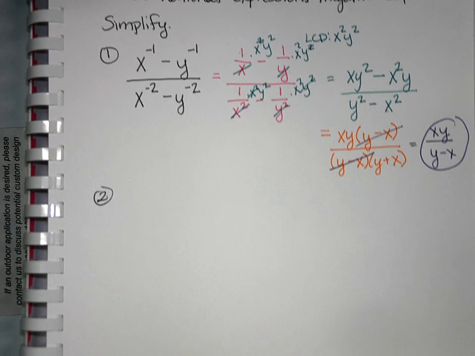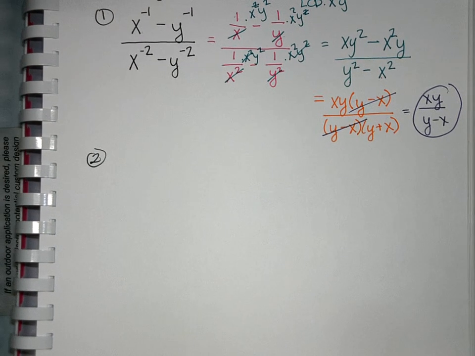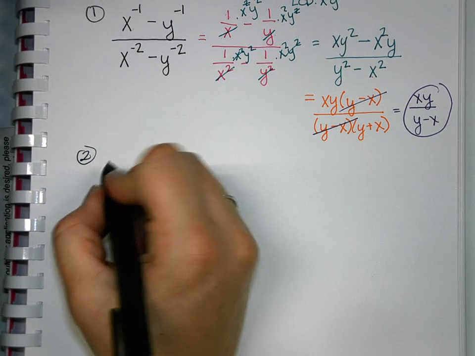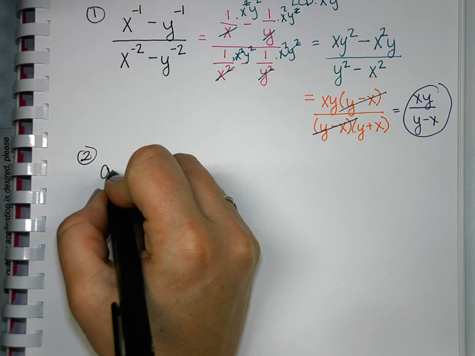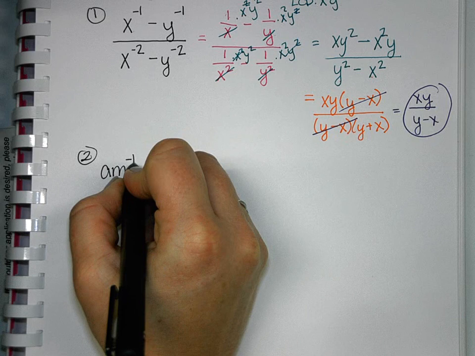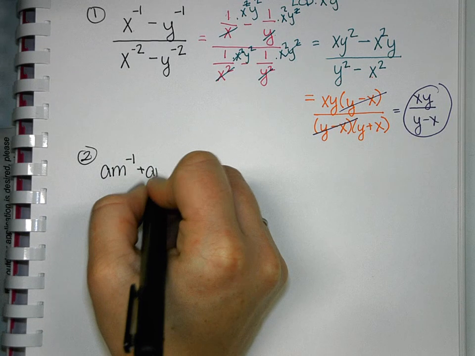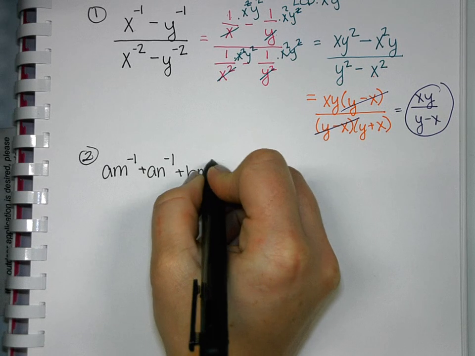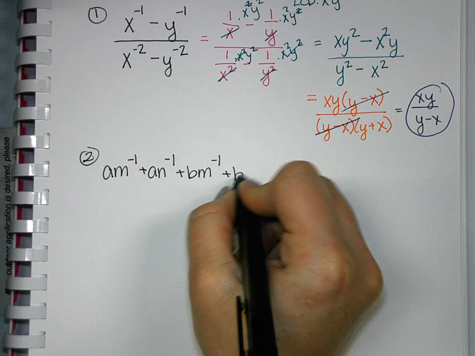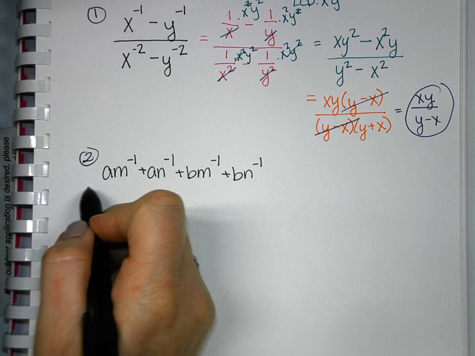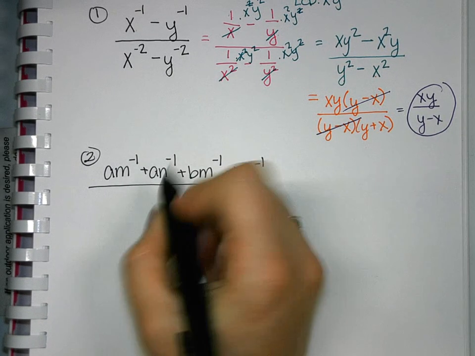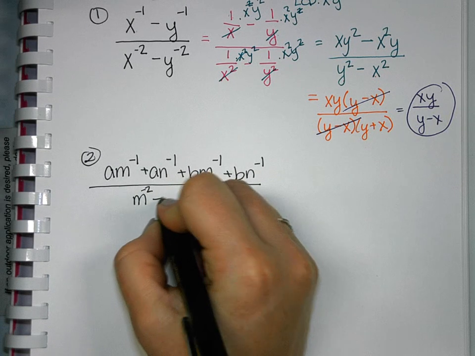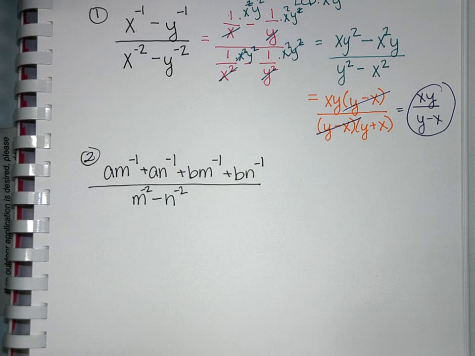Okay, our second one is going to be similar in how we do it. So this one we have a much longer expression on top, and then on the bottom, n squared, n to the negative 2 minus n to the negative 2.